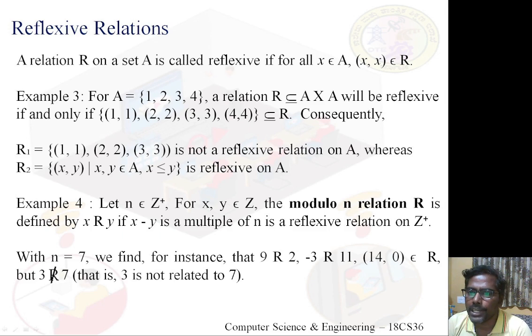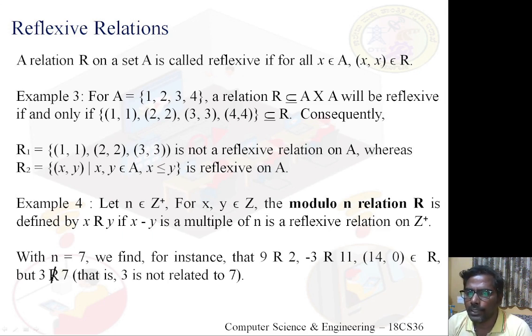Also I have given a relation on this set A, that is nothing but a subset of A cross A. If this relation R, which is a subset of A cross A, is to be called reflexive, it should contain these four possible ordered pairs: 1, 1, 2, 2, 3, 3, 4, 4. Apart from these ordered pairs, it can have any other ordered pairs too.